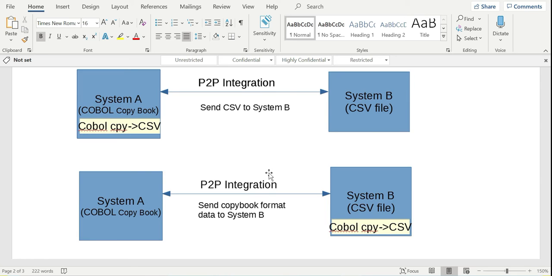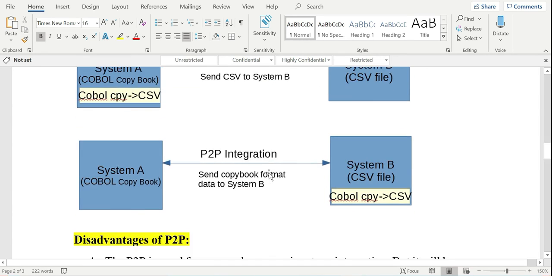Okay, and in the other case, system A sends that COBOL copybook structure data to system B itself, and the module is installed in the system B application, which converts that COBOL copybook structure data into its required CSV format.